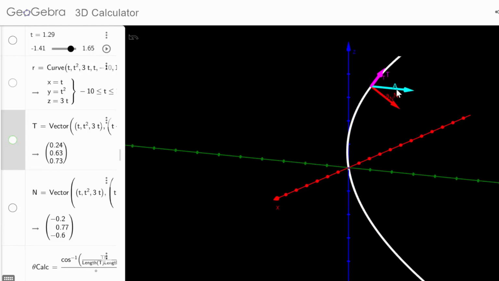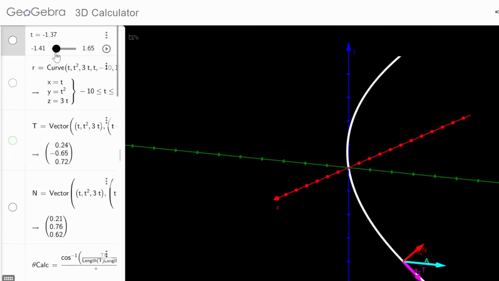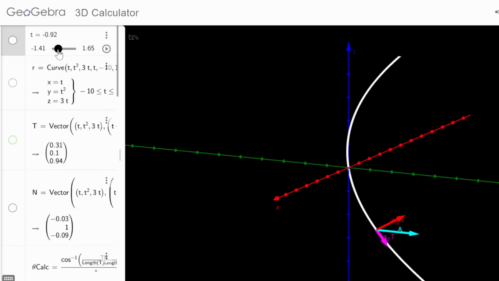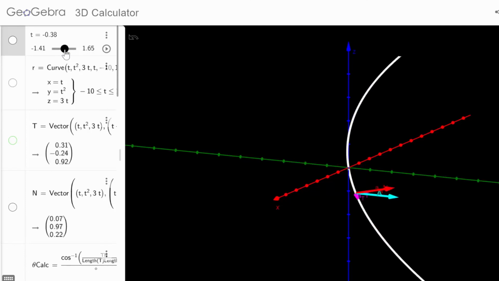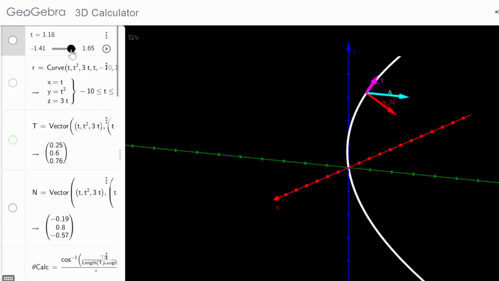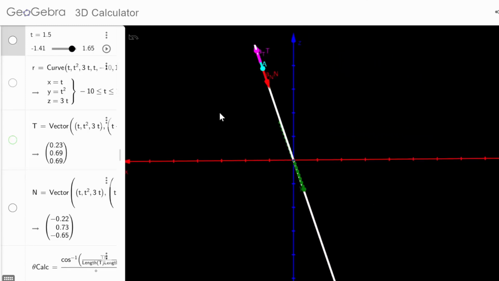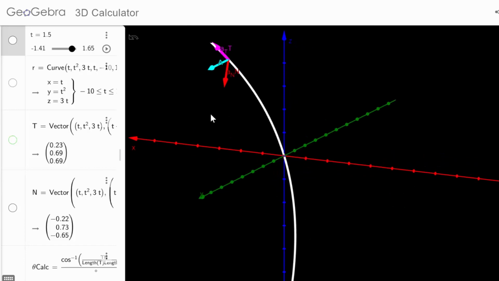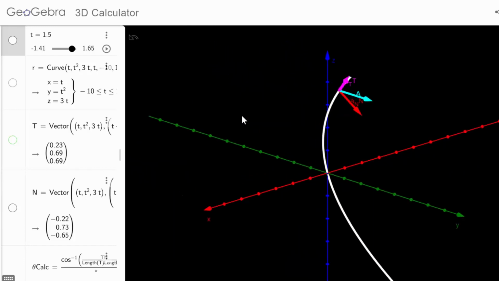And this is all the while the acceleration vector a is remaining the same length. You can see, so there you go. There's a nice picture of this particular example and these three vectors that help us analyze motion.